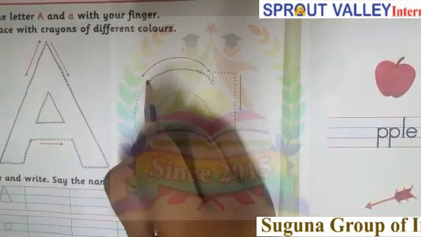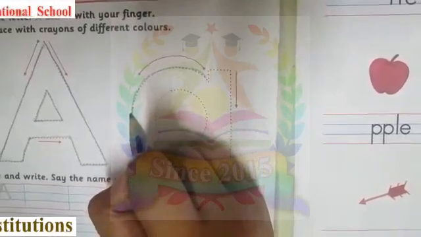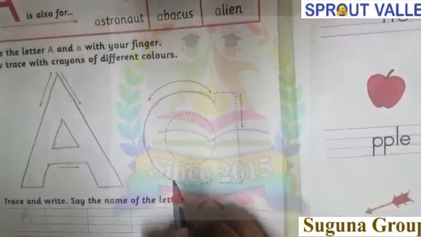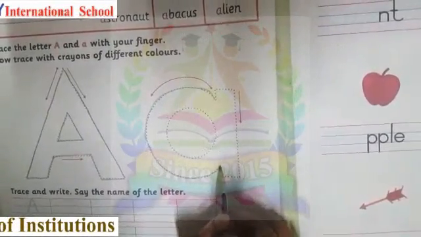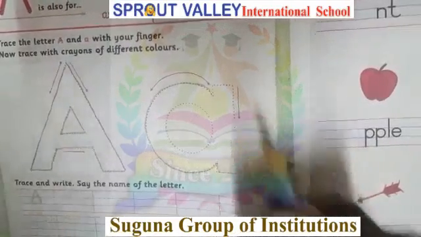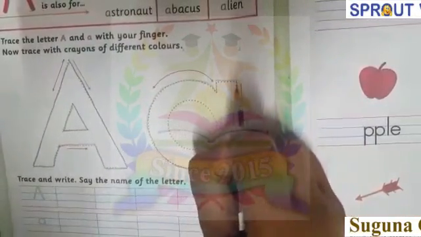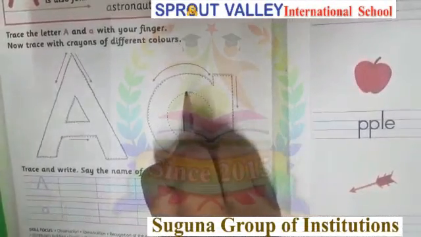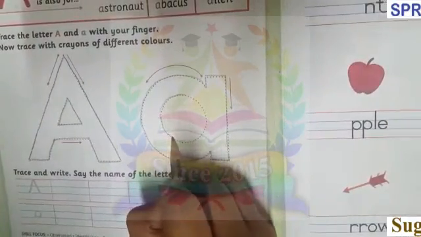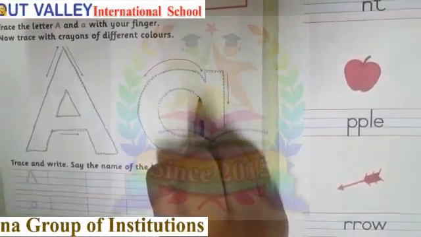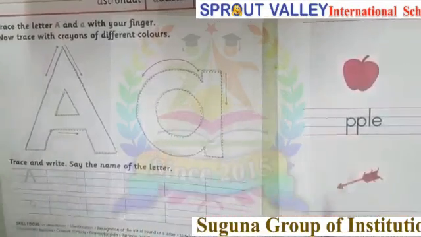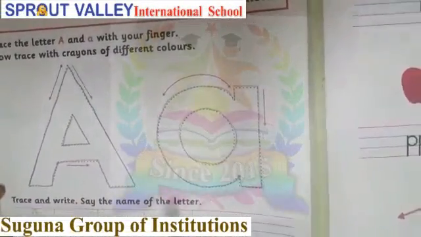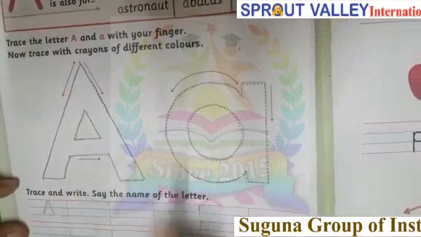A small curve like this, a small curve, then sleeping line, small a, circle. Okay, see here, capital A, small a. We have traced capital A, small a.